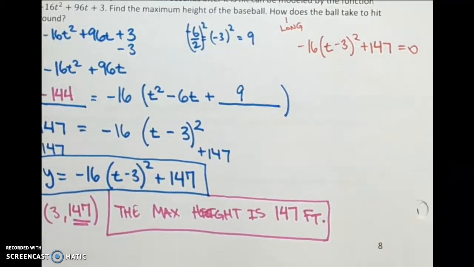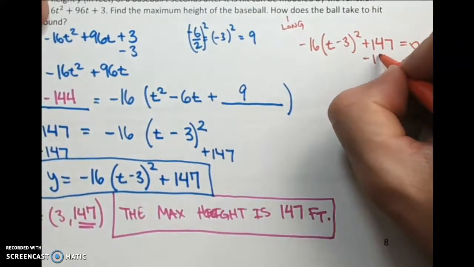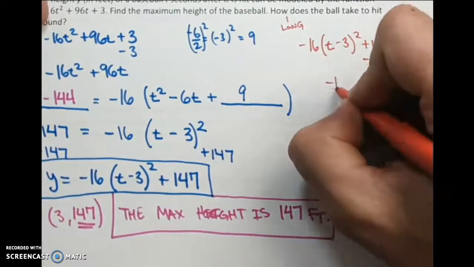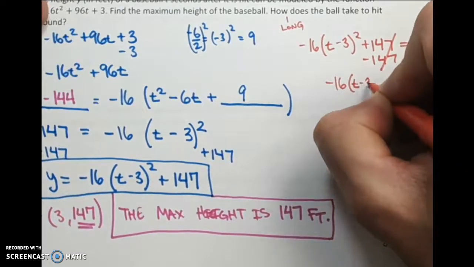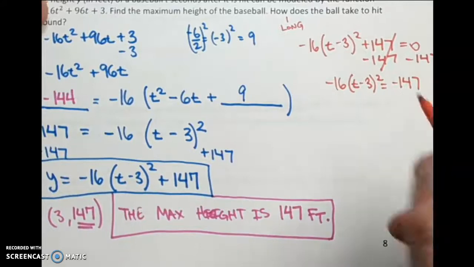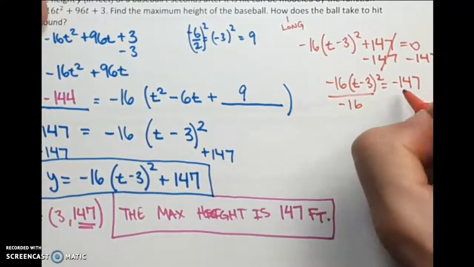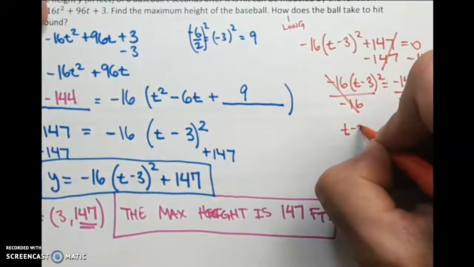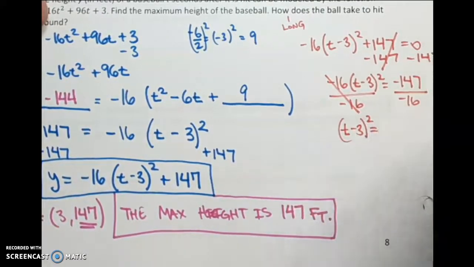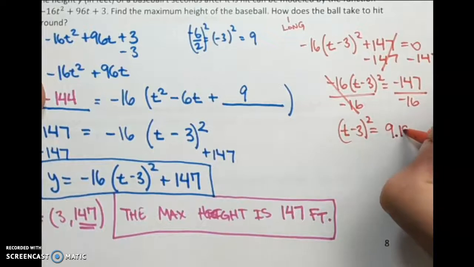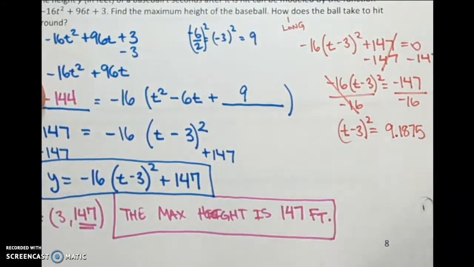And really what I'm going to do is solve by taking the square root. So I'm going to subtract 147 from both sides. I get negative 16 times the quantity t minus 3 squared equals negative 147. Divide by negative 16 to isolate my squared term. So t minus 3 squared equals, and this doesn't come out evenly, so it is positive 9.1875.